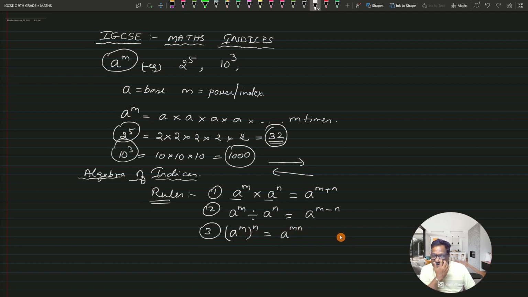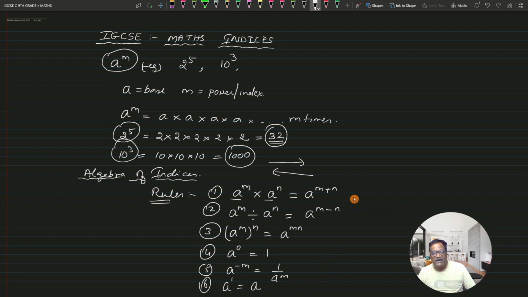So these are the 3 laws. Apart from these 3 laws, you have the 4th one, that is a raised to 0 is equal to 1. The 5th law is a raised to minus m will be equal to 1 upon a raised to m. And the sixth one is a raised to 1 will be equal to a.